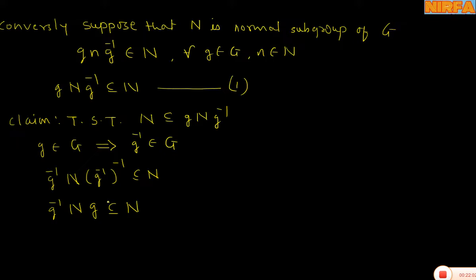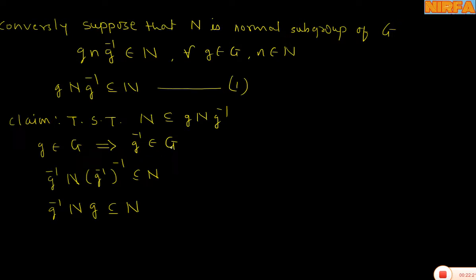Now, as we have taken one element from G, that is g inverse, and G is a group, we may take another element from G. The identity element must be present in G because G is a group.